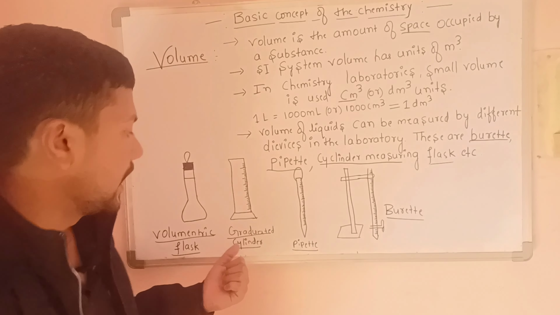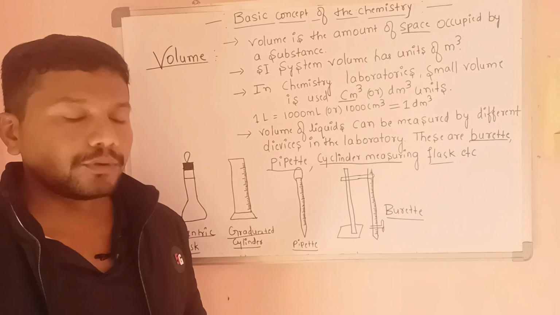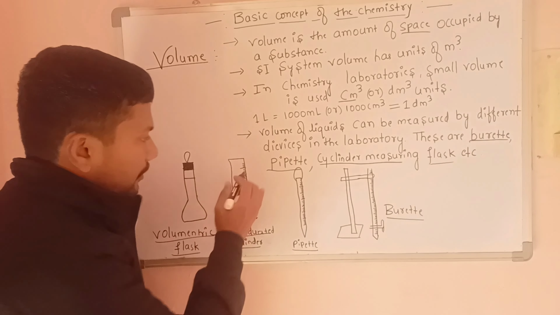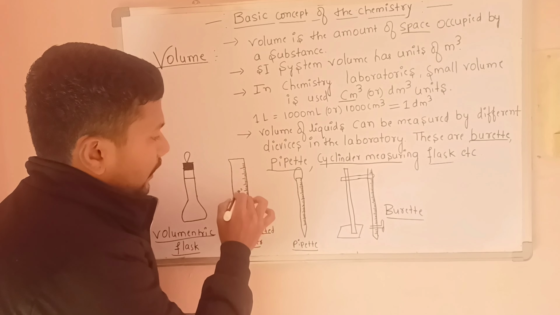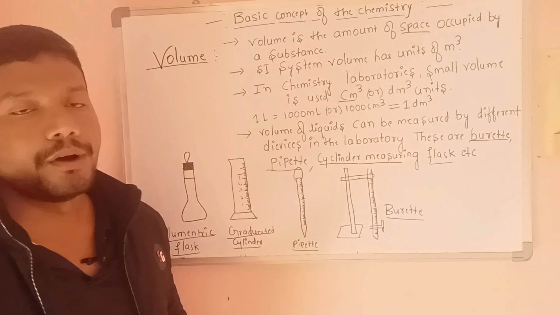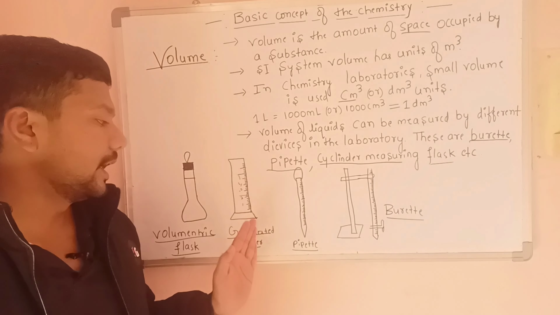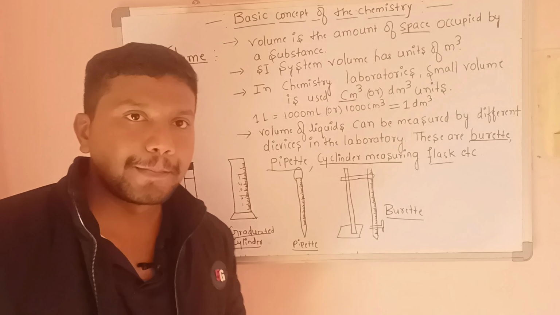This one is a graduated cylinder. Whenever we want to measure any amount of volume, we take this graduated cylinder. There will be numbers here to measure: 1, 2, 3, 4, 5, like that. If you want 2 ml, we fill up to here. And one more is the pipette.